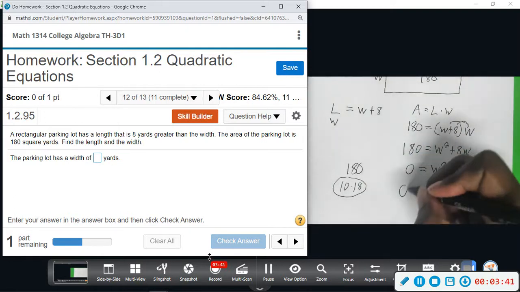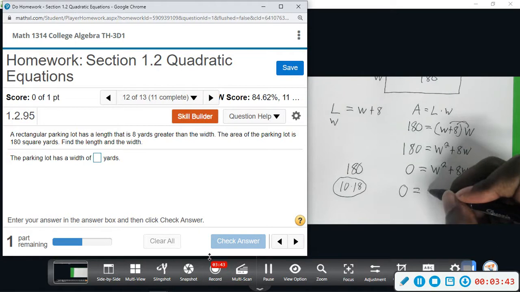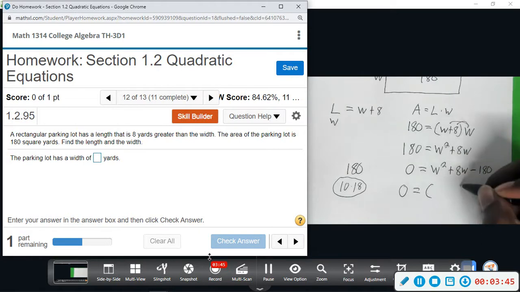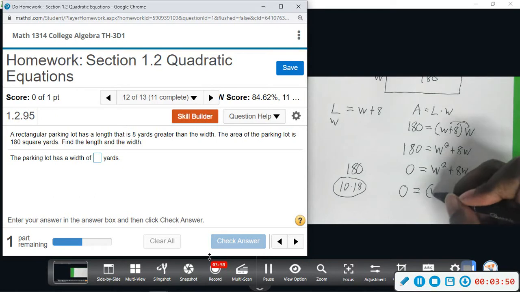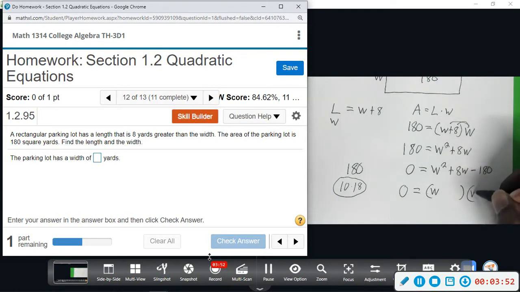So we have 0 equals, and then 2 sets of parentheses. And then we put a W in the front. That's our variable this time. And then the 10 and 18 in the back. Bigger number, positive, whatever the first sign is. So 18 is bigger, it is positive.